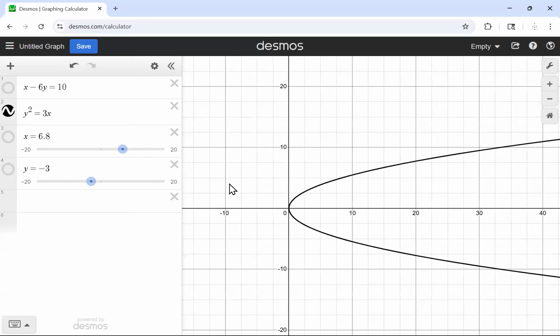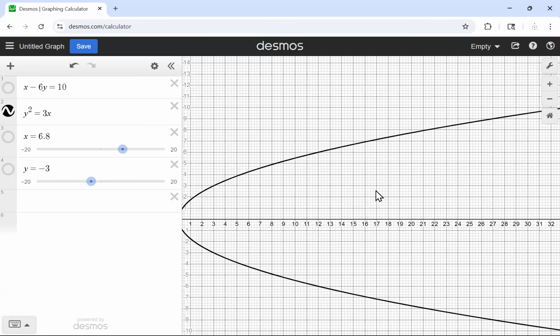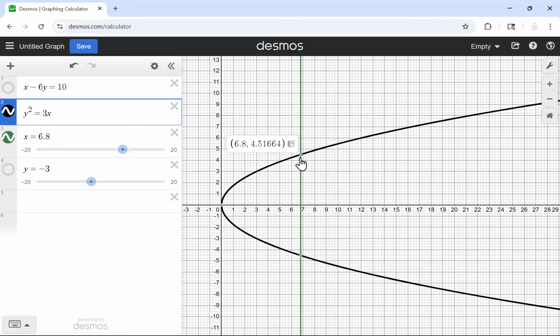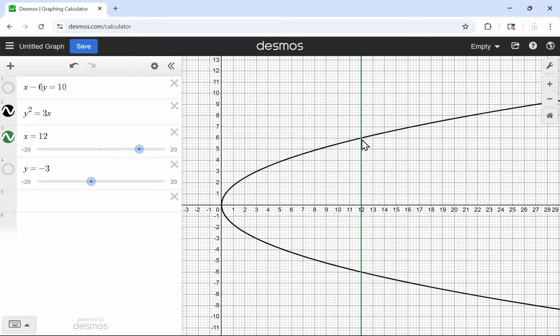Now let's take a look at y squared equals 3x, which we know from before is not a function. How can I tell it's not a function graphically? As you create vertical lines passing through, you end up crossing at multiple points.